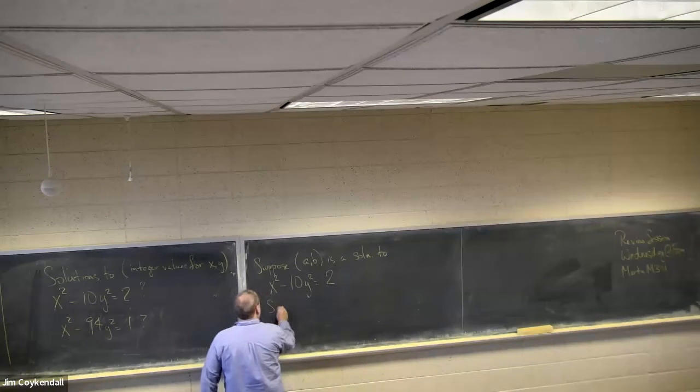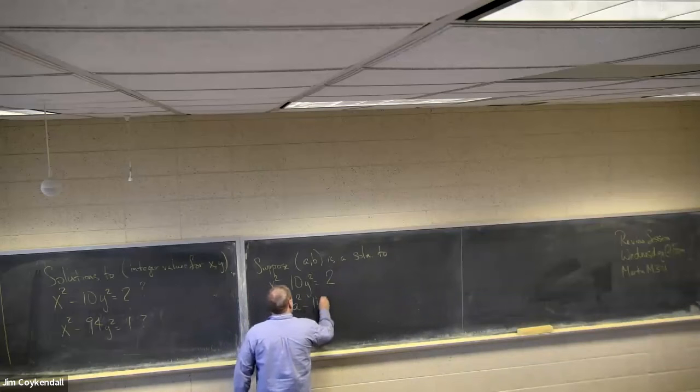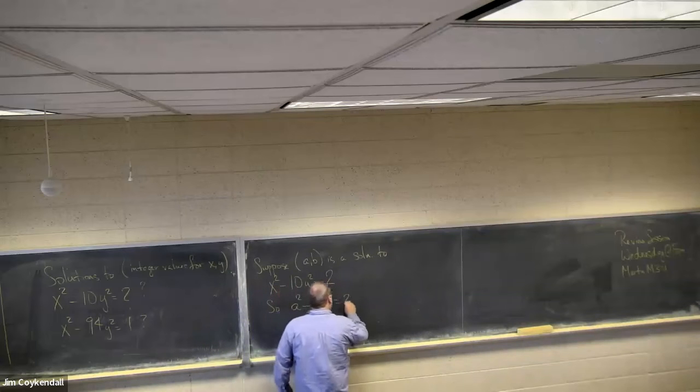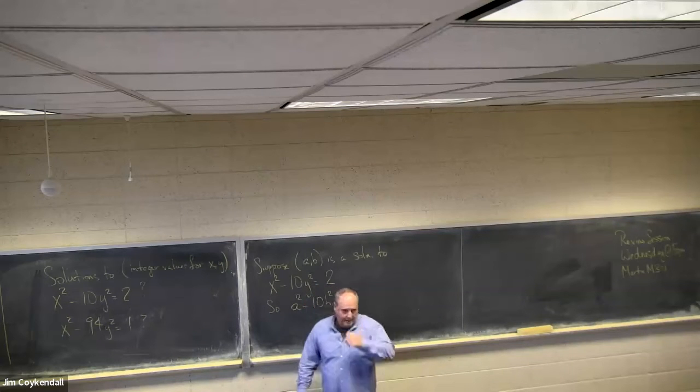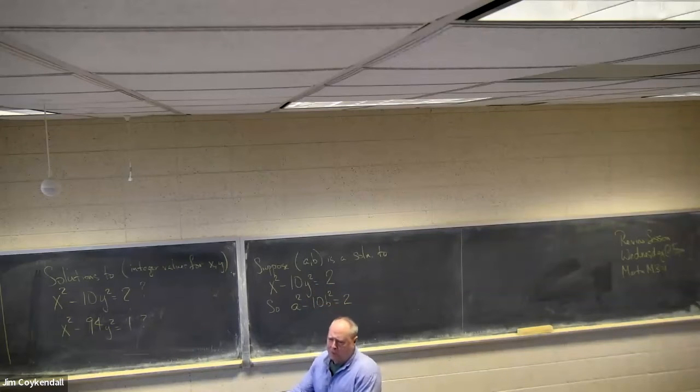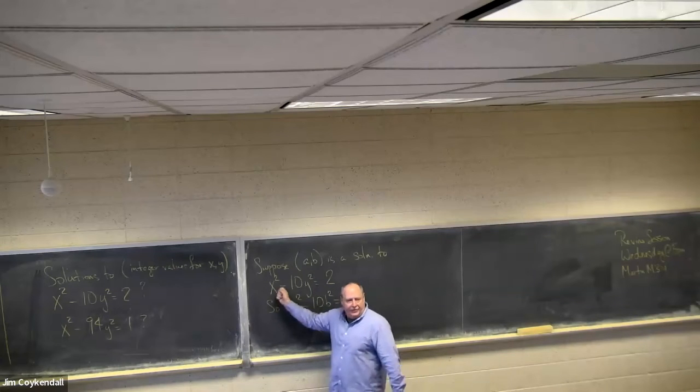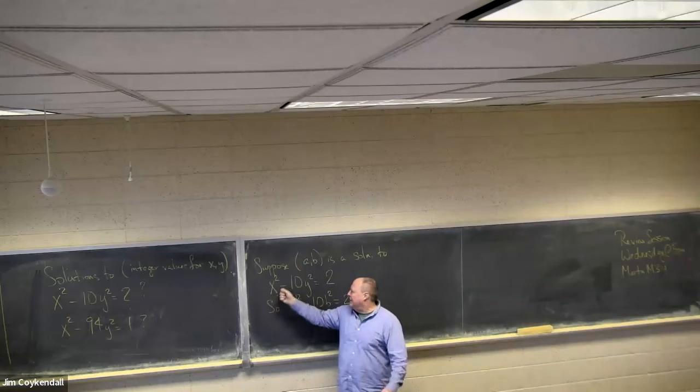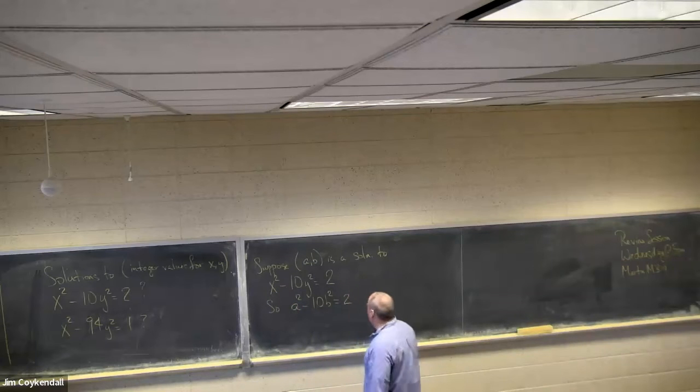So let's just suppose for the sake of argument that you have such a solution. And notice there are infinitely many things to check, right? Because this can get very big, then you subtract off 10 times the square, who knows what's going on.